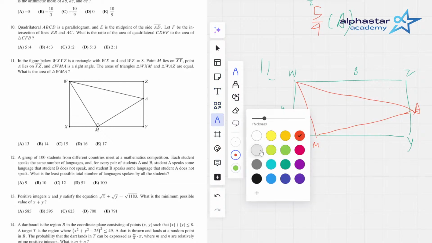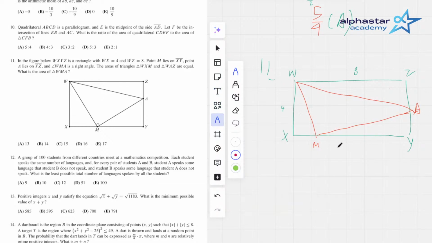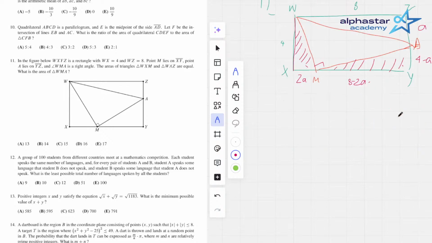Okay, let's see, what's the condition there? Well, if the areas are equal, then if this is A, then this must be 2A to make the areas equal. And then this would be 4 minus A, and this would be 8 minus 2A. And we know this is a right angle, so these two triangles, WXM and MYA are similar.